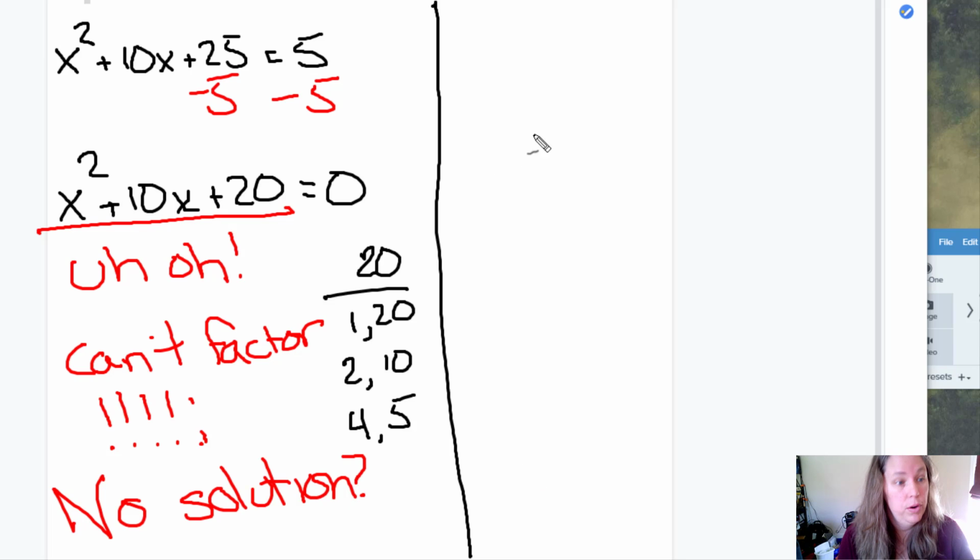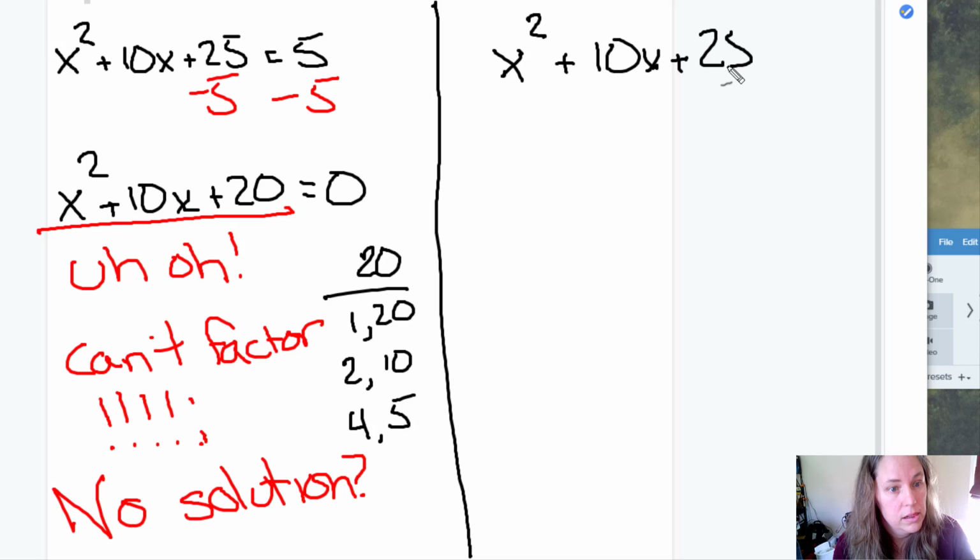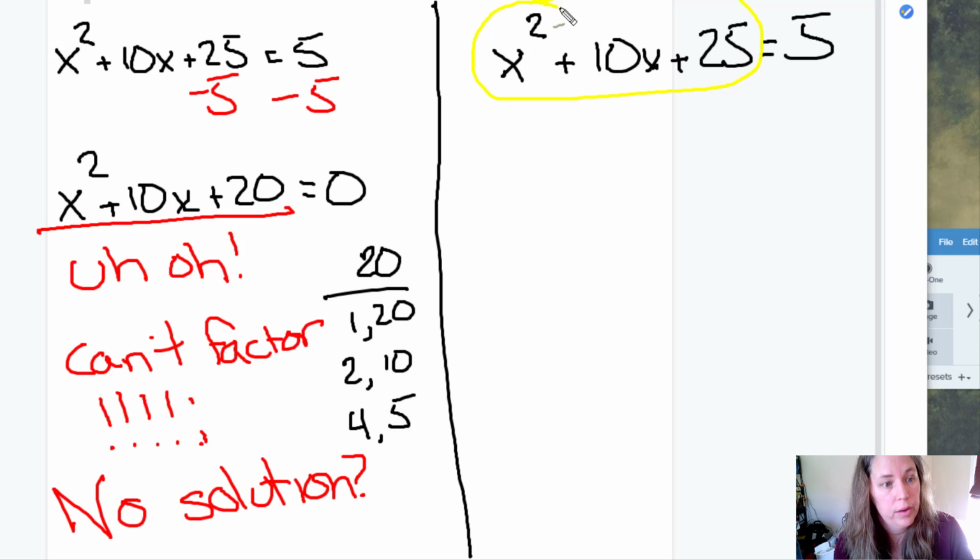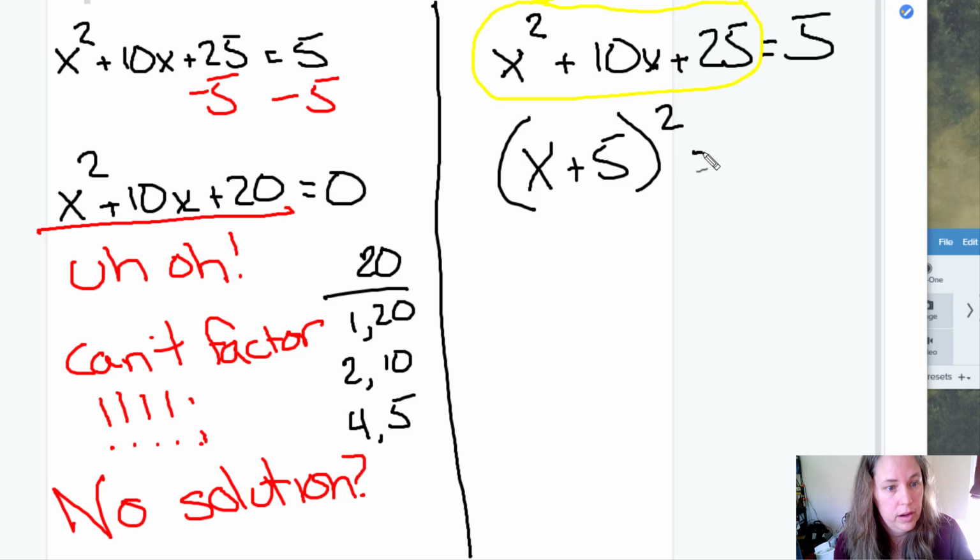If you notice that it's a perfect square trinomial, oh look, there's a perfect square trinomial. How convenient. You can factor that first: x plus 5 squared.